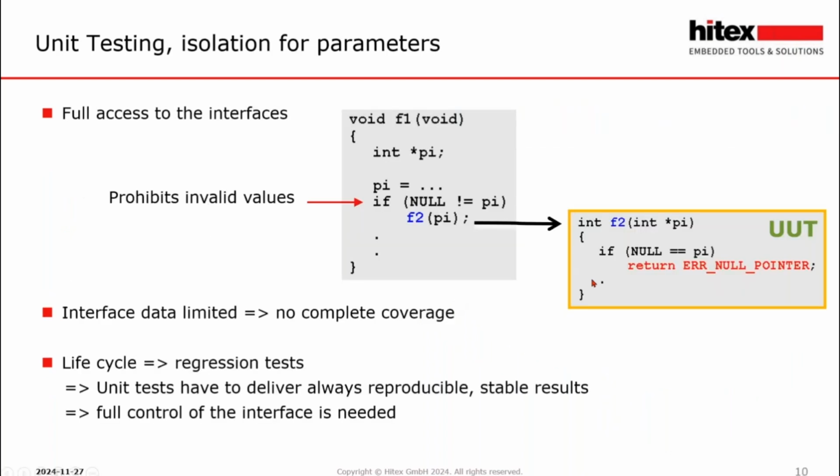Isolation, I took a very nice slide from Frank from Hitex. So here we can see very easily, if we do not have isolation, the function f1 will call f2. So here you can see there's a check maybe for null pointers. So we will never ever cover that return here because it's prohibited by this if.